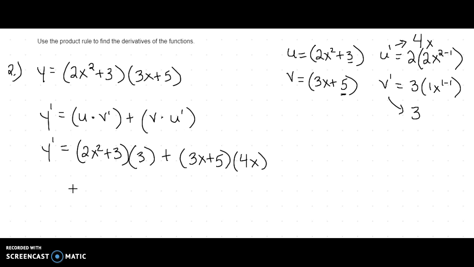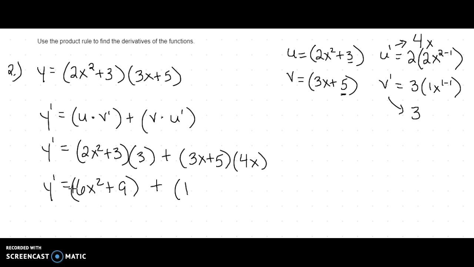Now here we just need to do a little bit of distributing to simplify this. So 3 times 2x squared and 3 times 3 gives us 6x squared plus 9. And on the other side of my addition statement, we need to also do some distributing and do 4x times 3x and 4x times 5.